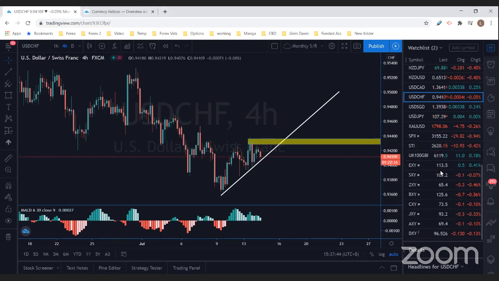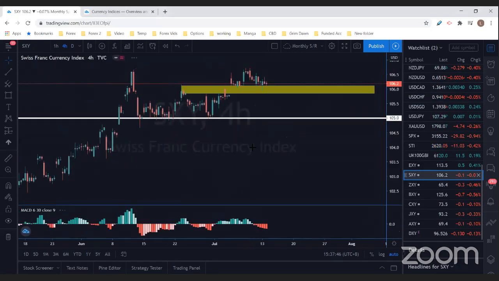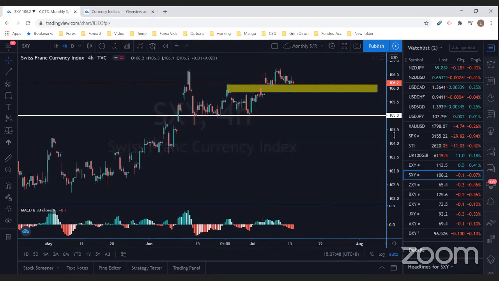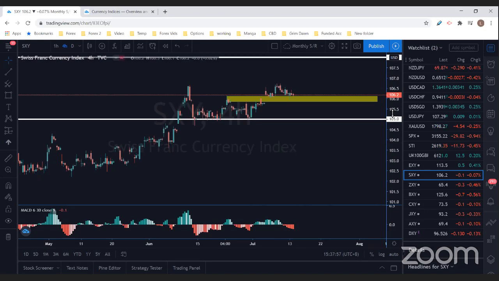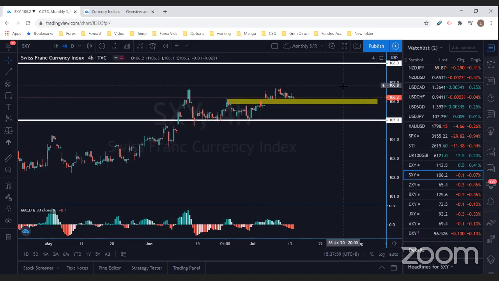Yeah, Alan. So I'm looking for Swiss to strengthen because of my previous analysis. So you can see that price might be heading to a horizontal level and might possibly bounce off and strengthen all the way to, let me see, 108. So that's just a very simple analysis of the Swiss index.